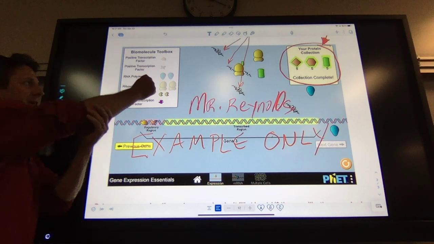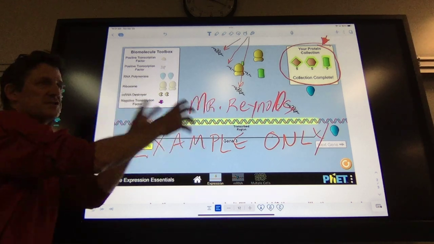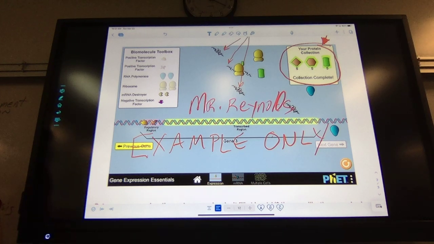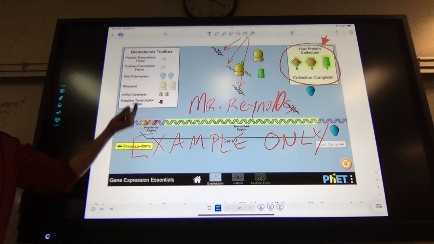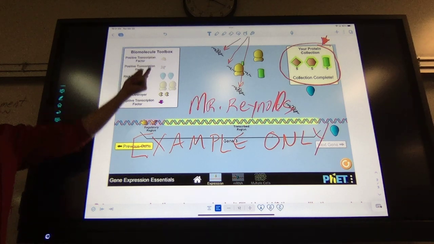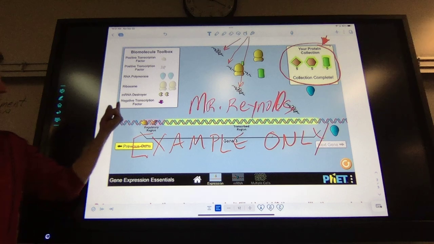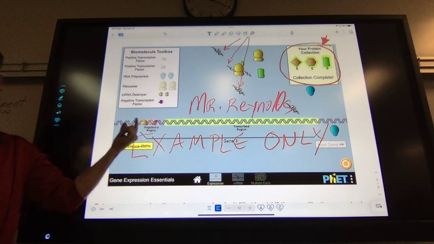Once you put your finger on it and go over here, a spot on the screen is going to blink in the shape of the object that you need to place it, so it'll get you placing it in the right spot. But you have to do it in the right order. So if you're turning the gene on, you have to have the positive transcription factor. If you need to turn the gene off, you'll have a negative transcription factor.